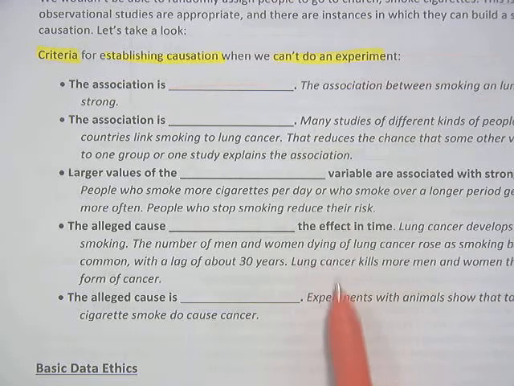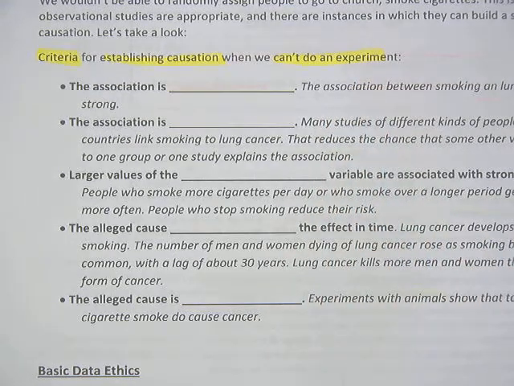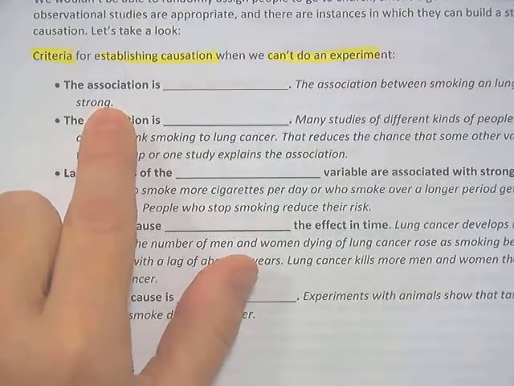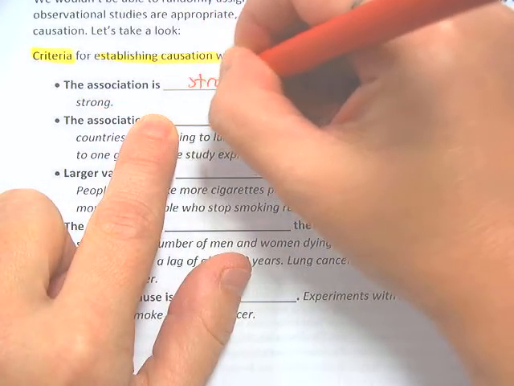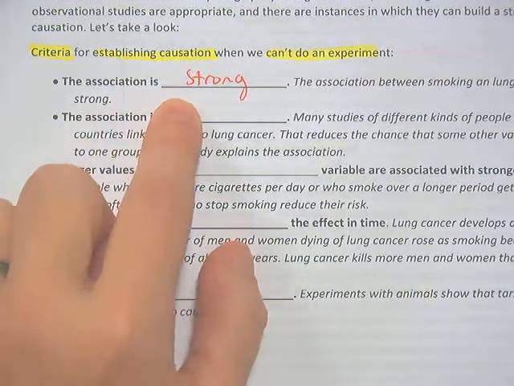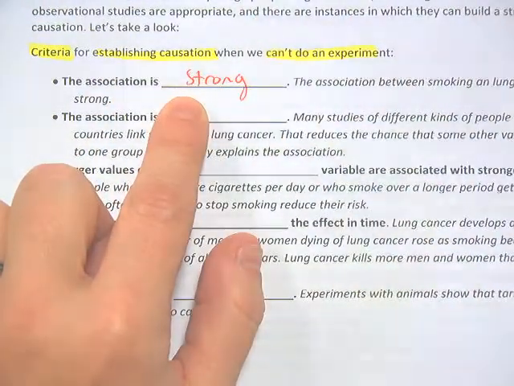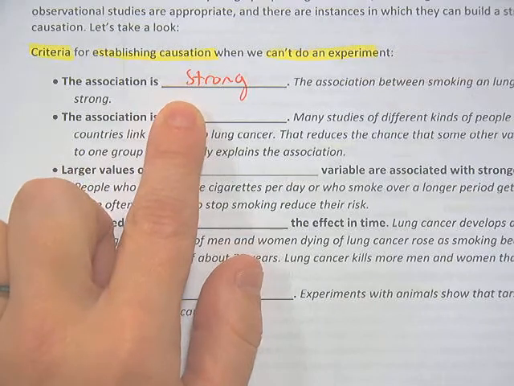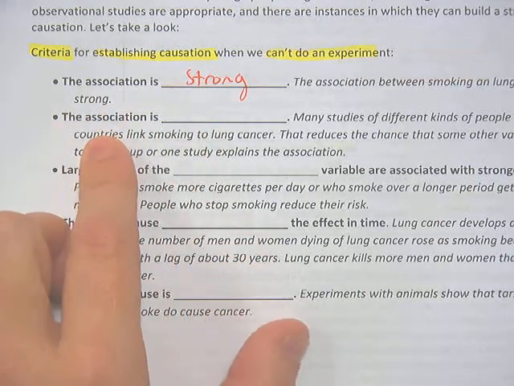And in italics there, you'll just see this relating back to the whole, we're pretty sure that smoking cigarettes causes lung cancer, so it just gives an example of each of those. So the association has to be really strong. There has to be an association, it has to be really, really strong, like the association between smoking and lung cancer.